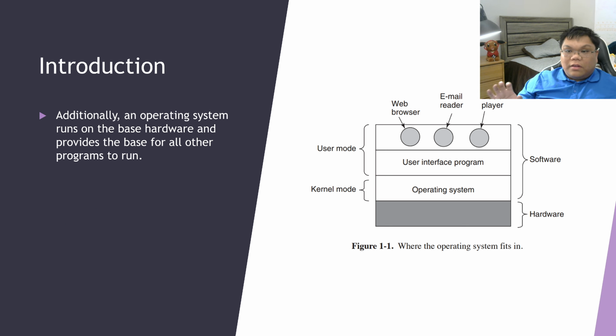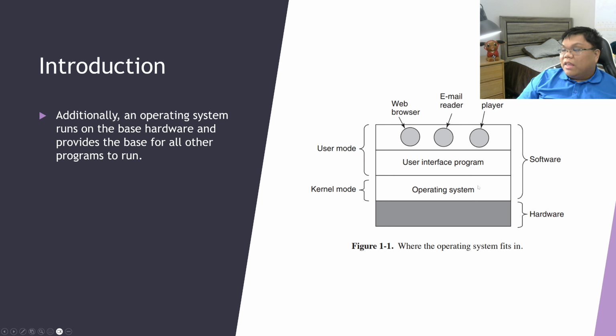So there are two big reasons why we have operating systems in the first place. The first one is to manage all the hardware that makes up the computer.